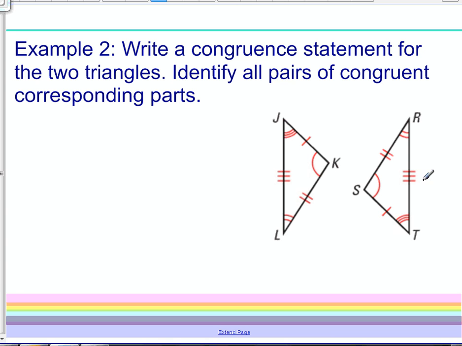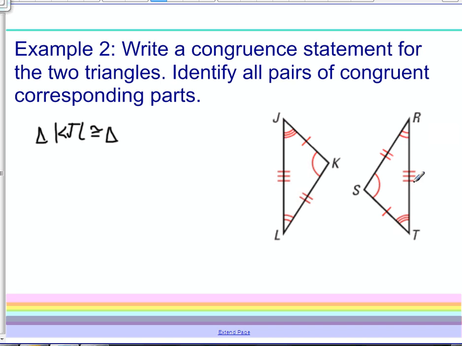All right, so in order to write a congruent statement, I'm going to write triangle, which is just a picture of a triangle, and I'm going to name it KJL, that first one. So triangle KJL is congruent to triangle. Now in this case, I cannot just haphazardly name the second triangle.